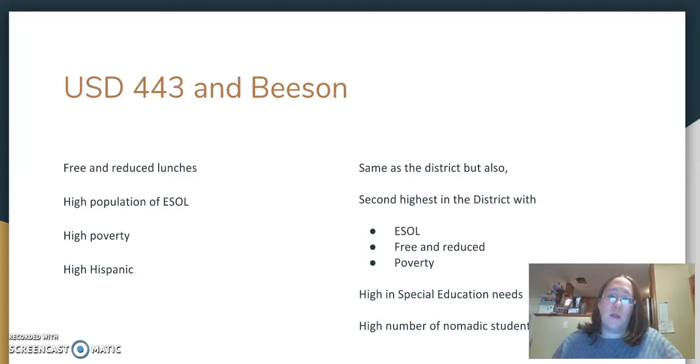In the district, we are very high in free and reduced lunches, high population of ESOL, high poverty population, and high Hispanic population. And my school, we are the second highest in ESOL, free and reduced, and poverty. As I stated before, we have very high needs in special education. We have a high number of nomadic students.